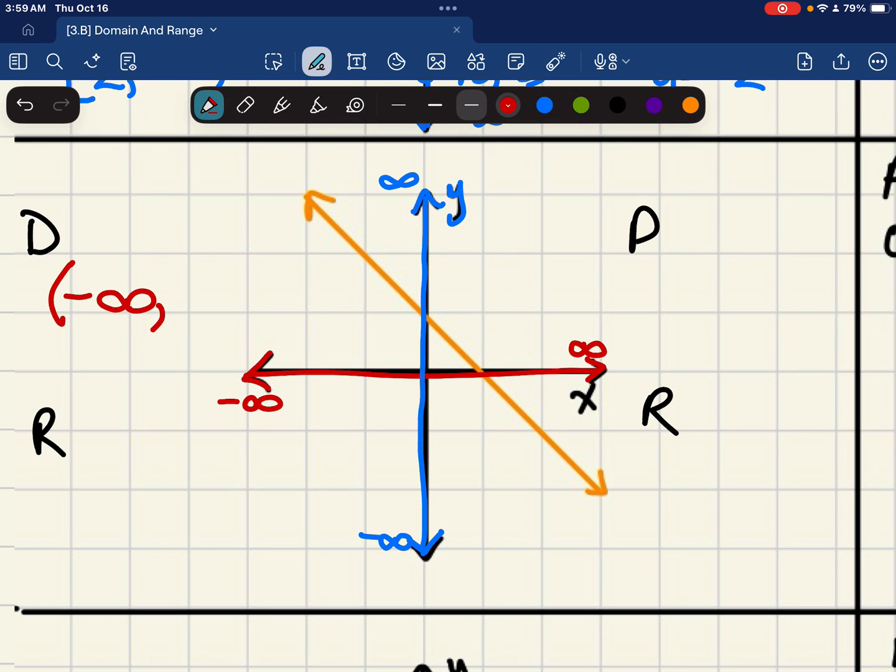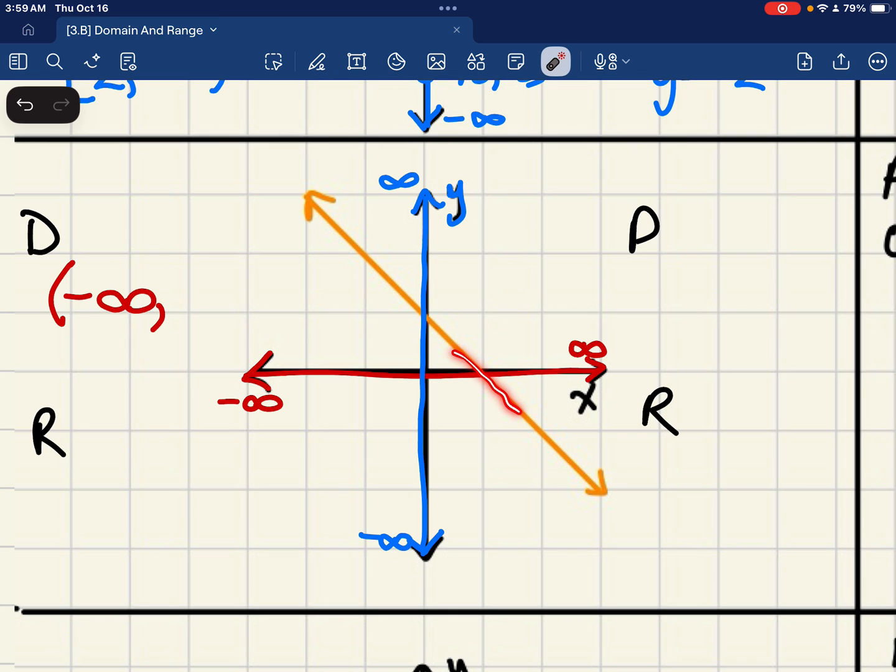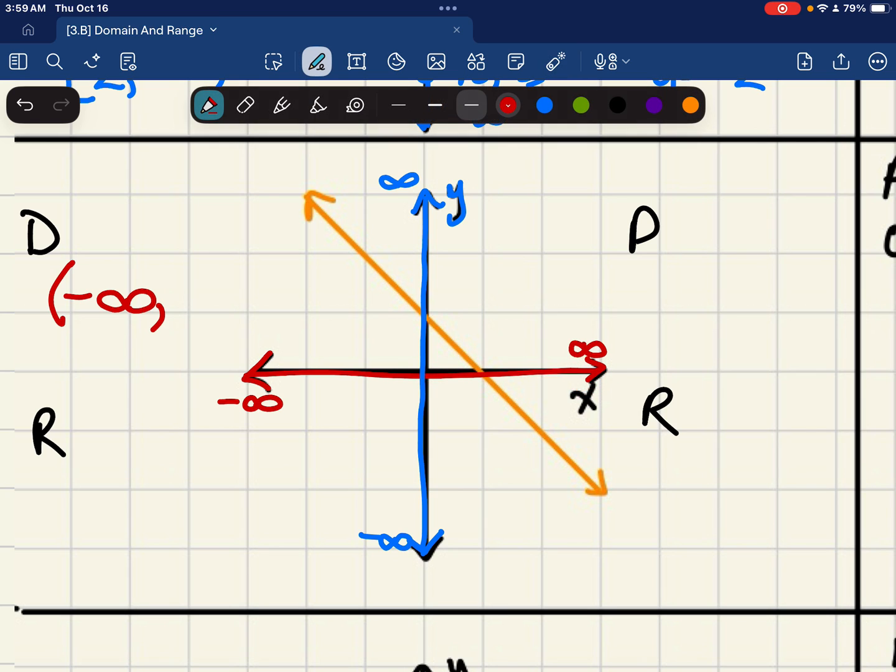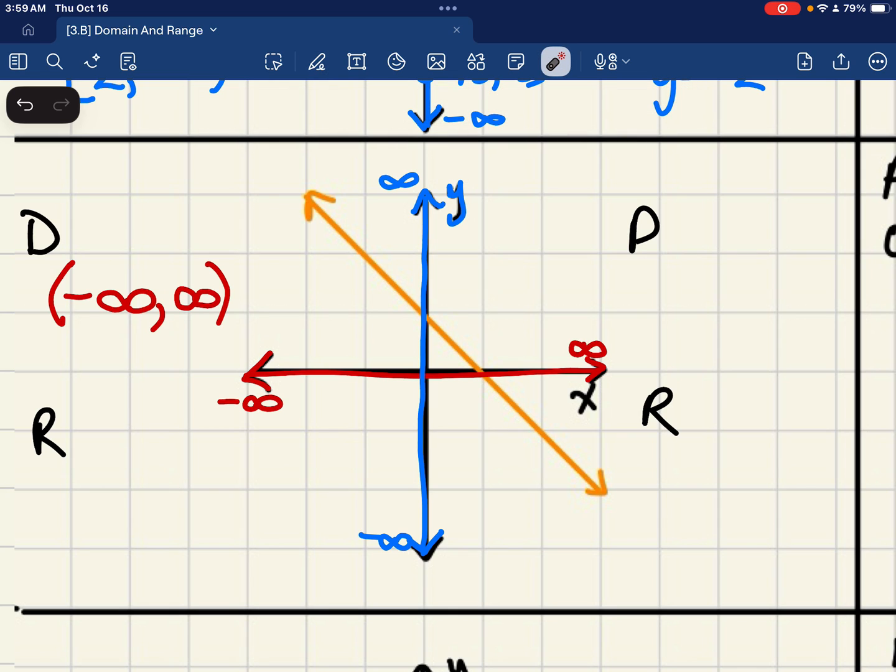And I use a normal parenthesis because of the infinity part. And this one is continuing to the right for forever. So I'm going to use positive infinity to describe to the right. Now some kids want to say -infinity because it's going down, but I'm not talking about up and down with the domain. I'm talking about left and right. And right is positive.